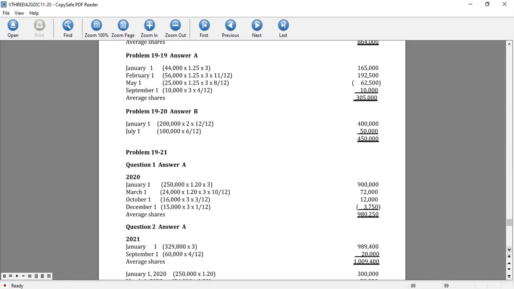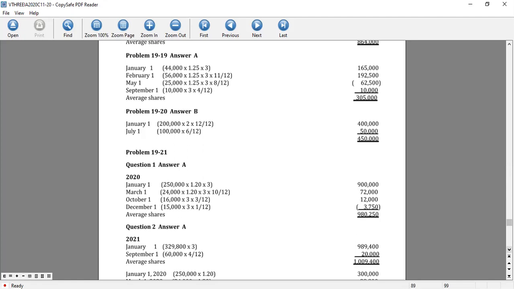Then on May 1, acquired treasury shares by 25,000. So 25,000, this is now the treasury shares acquired. So meaning a deduction, and you multiply by 1.25 and by 3. 8 over 12 is from May 1 to December 31.